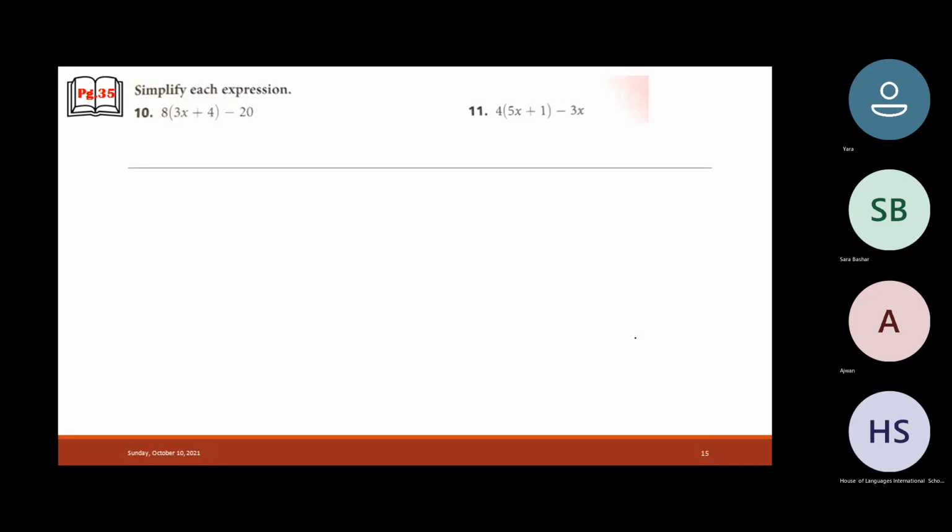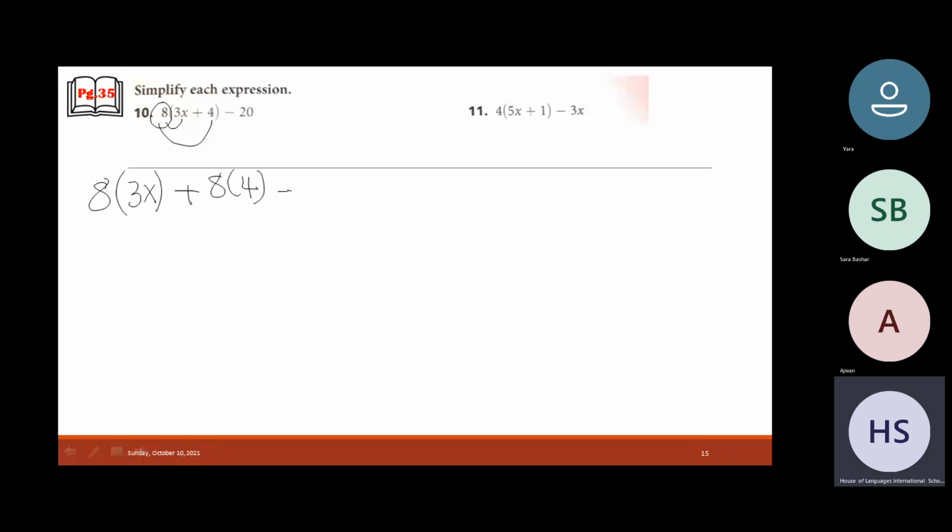Now, 8 times 3x plus 4 minus 20. How will I simplify it? I must distribute 8 by the 2 terms because 8 is multiplied by them. So what do I have now? 8 times 3x plus 8 times 4 minus 20.